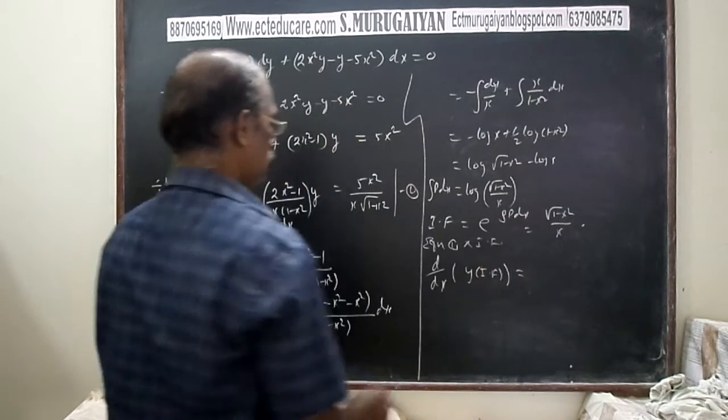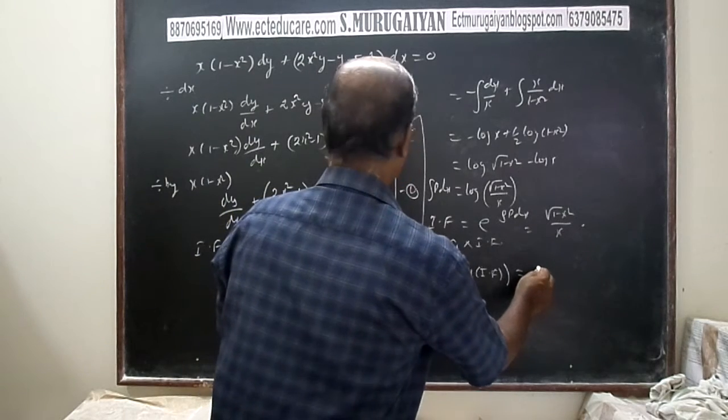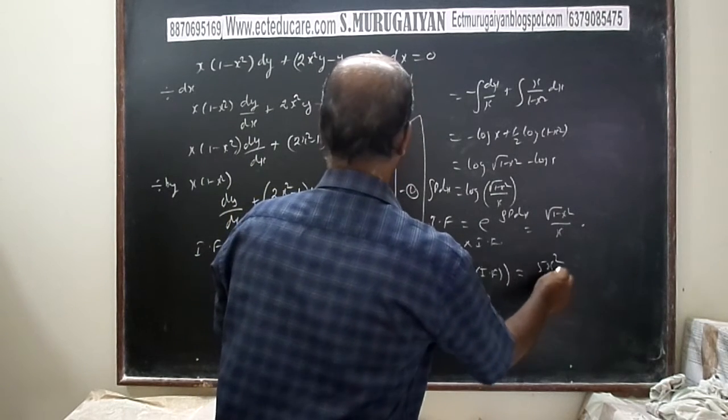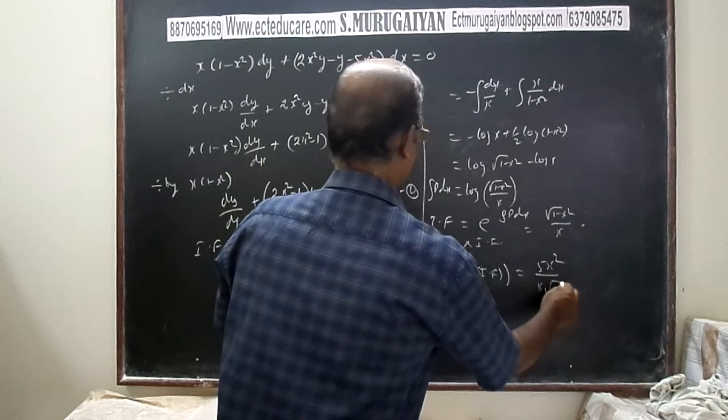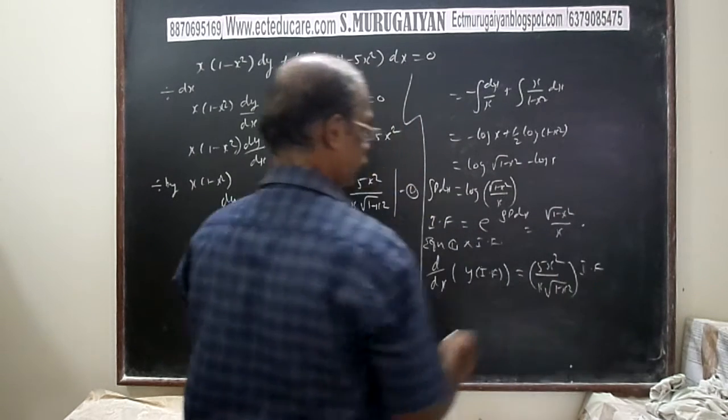The other side is Q, that is 5x²/(x√(1 − x²)), times the integrating factor.